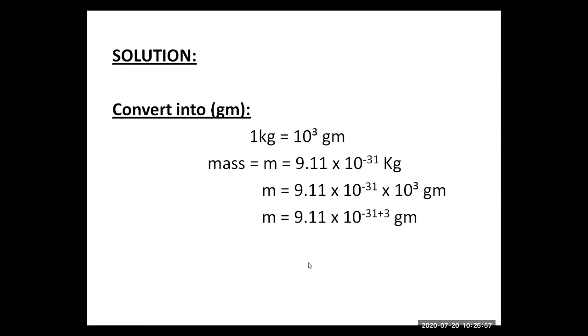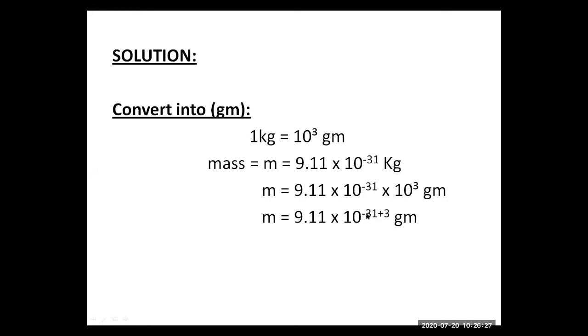Now, the next one is that in mathematics, we have learned that if two bases are multiplying and they are similar, then their powers will be added. Here the base is 10, here the base is 10. So they are multiplying, and in algebra, when we are multiplying, then their powers will be added.